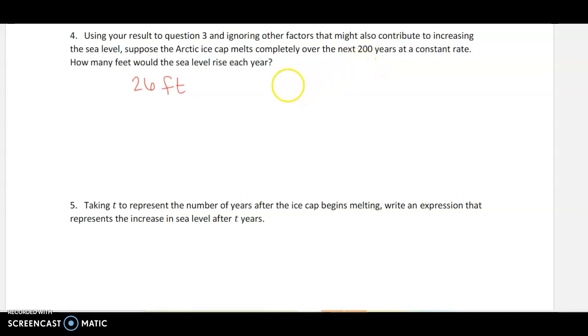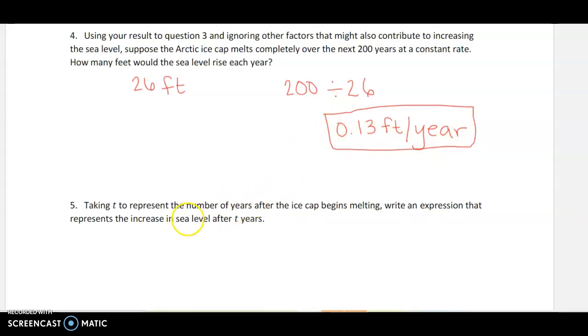Well, on this one, we need to spread that 26 feet out over 200 years, so we're going to divide 26 by 200. When you do that, you're going to get 0.13. So what does that number mean? That means that every year, if it was constant over 200 years, it would rise 0.13 feet per year. And that's the answer there.